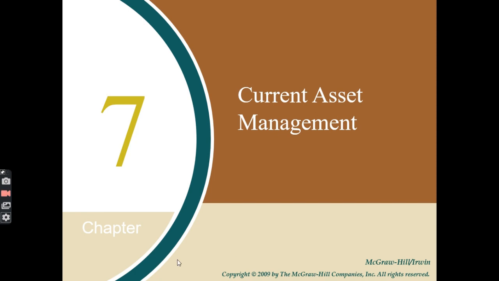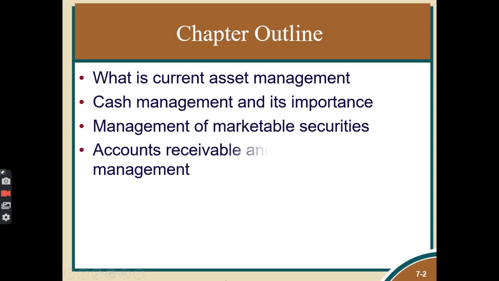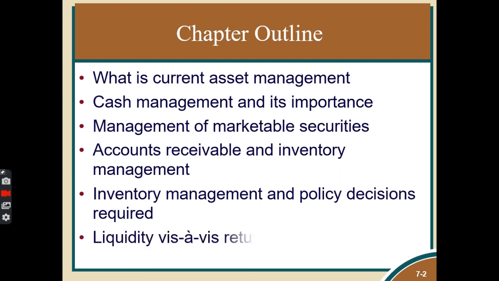So let us proceed with the first part, which will be the chapter outline. Basically, these are going to be our topics. First, we are going to discuss the main concept of your current asset management. Next, we are going to discuss cash management.